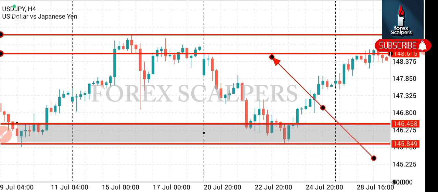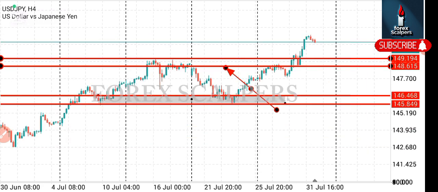Now, another thing I want you to take note of is that support and resistance must be an obvious level. Remember, you are not the only person trading on this market.